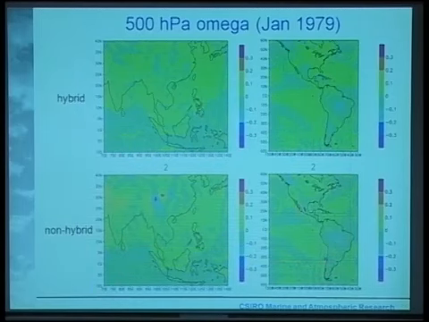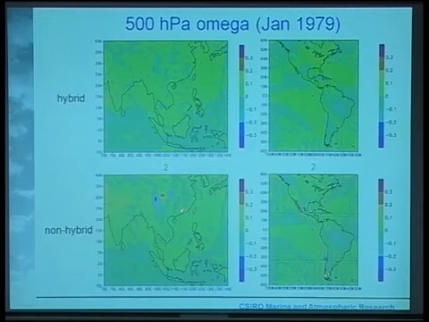Before I brought in hybrid coordinates, looking at the monthly average of vertical velocities, you could see these patterns, especially near the Andes. There were these pluses and minuses which are spurious. Introducing hybrid coordinates in the vertical gets rid of that.